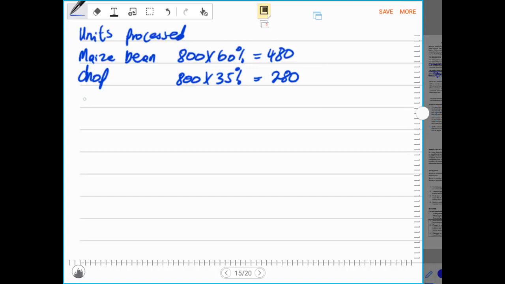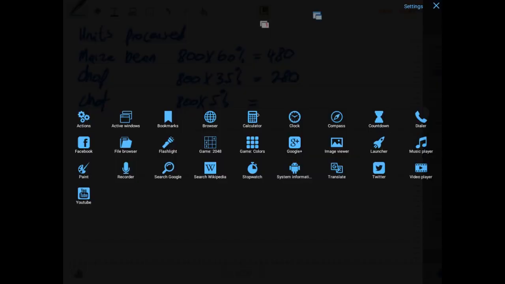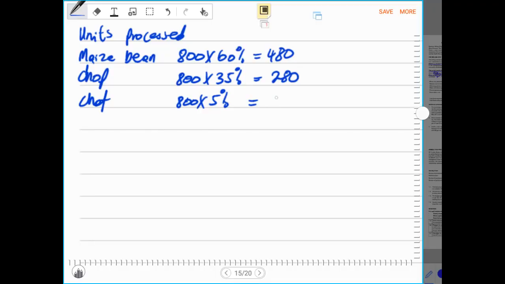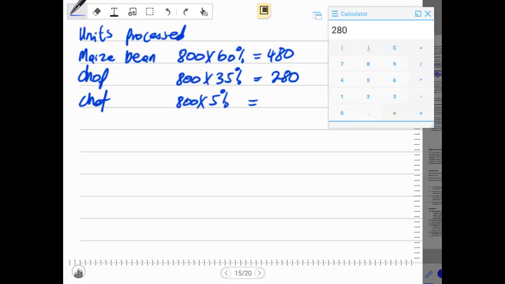Then we go to the last product, which is chaff, and chaff will be 800 times 5%, which is the outer layer of the maize corn. Therefore, now we multiply this by 5%. It will give us 5% of 800, which will be 800 times this by 5%.